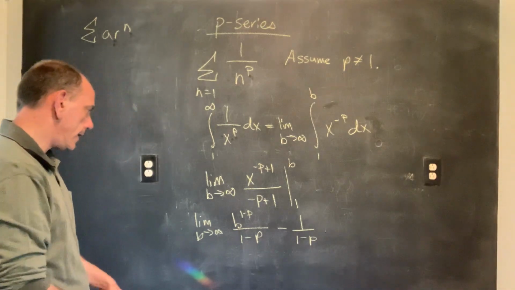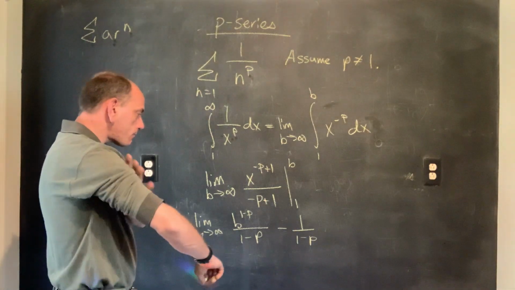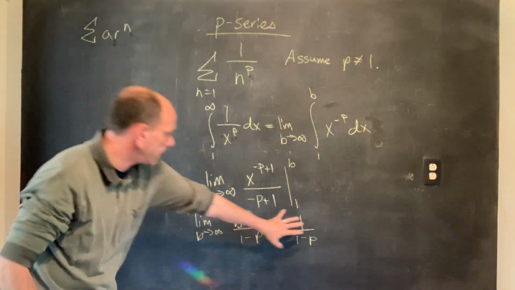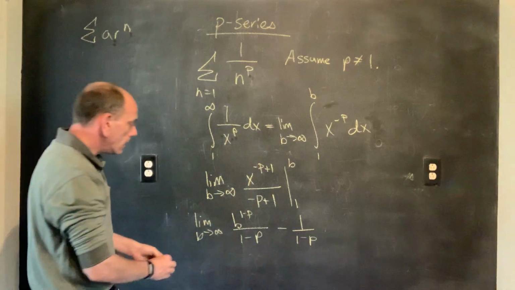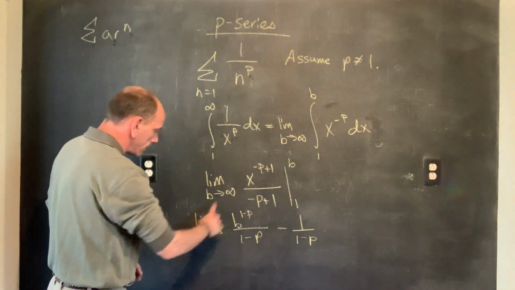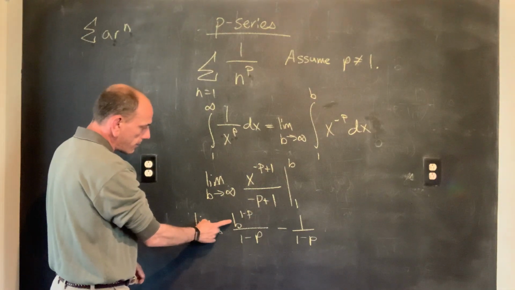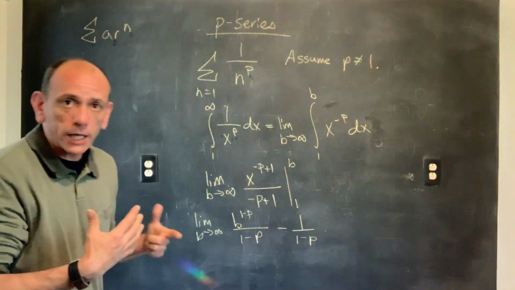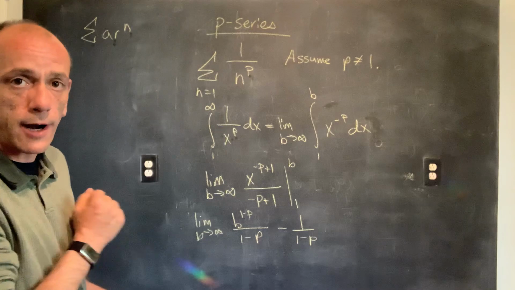Okay, nice. This is finite, it's just some constant, so it doesn't care about what's going on with b. The only thing that cares about b is this term here. So b is going to get bigger and bigger, b is going to grow forever.